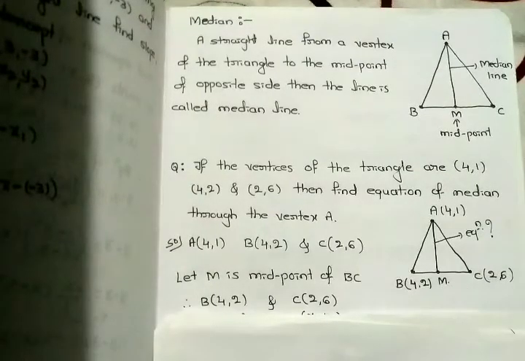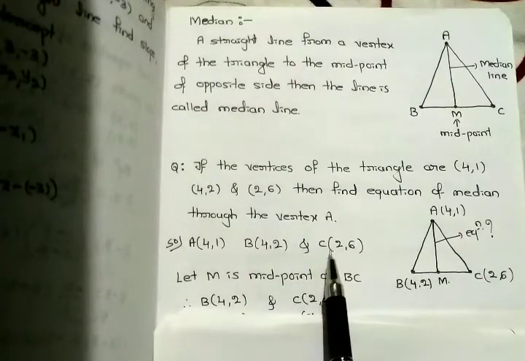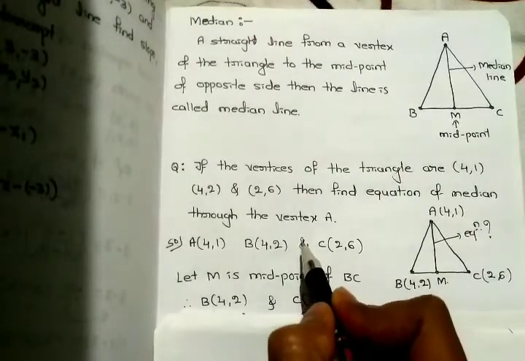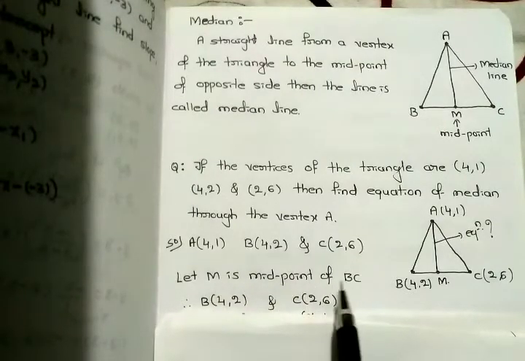Okay, see the solution. First point A (4, 1), B point (4, 2) and C point (2, 6). Next, we know M is the midpoint of which line? BC.